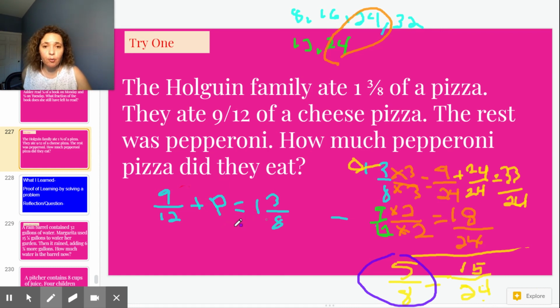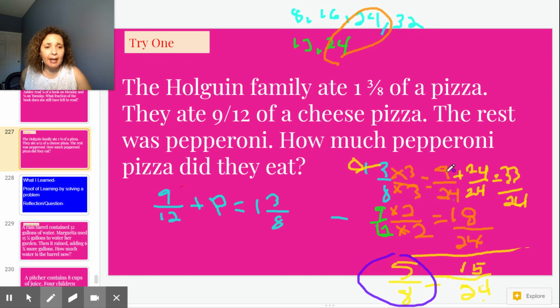Subtract. So I subtracted the 1 3/8 minus the 9/12. I found a common denominator of 24. In order to get a 24, I've got to multiply top and bottom by 2, which gave me 18. In order to get 24 here, I've got to multiply top and bottom by 3. 8 times 3 is 24. 3 times 3 is 9.